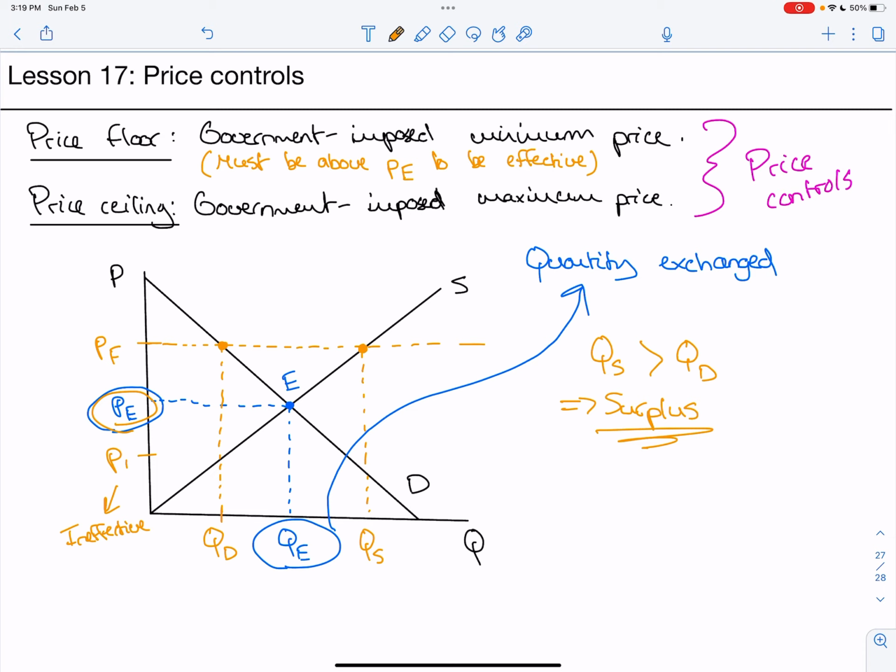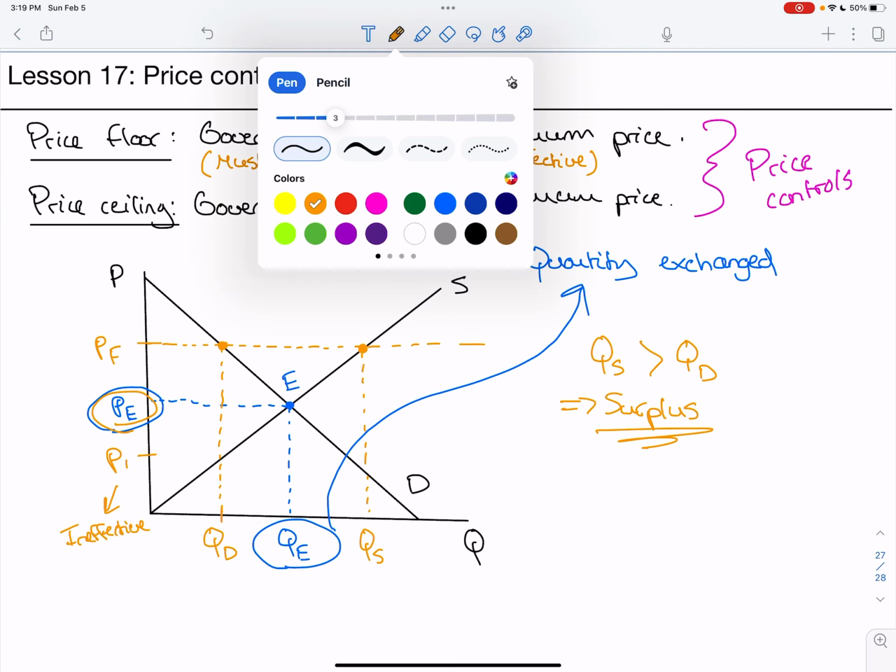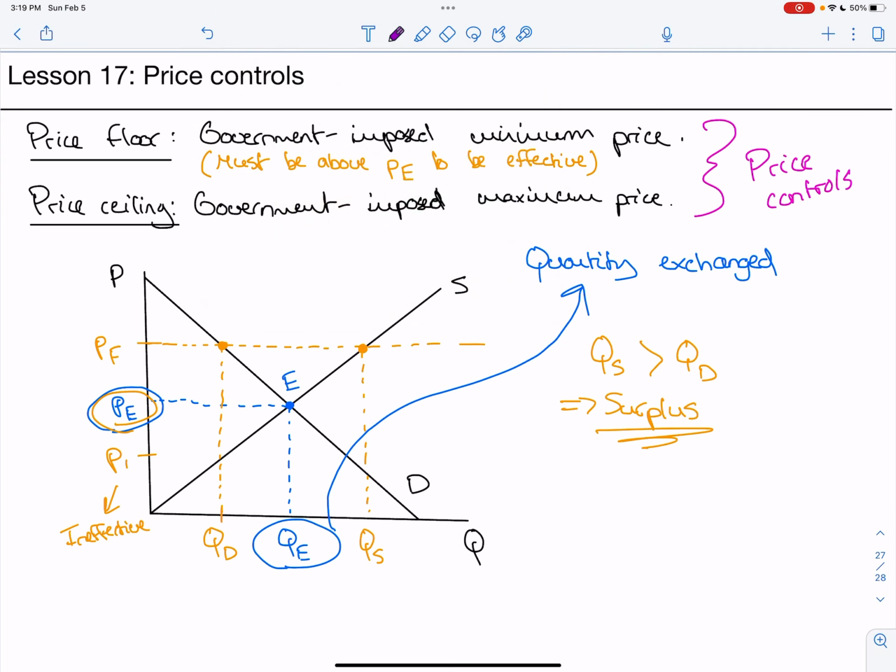Now, what would be the actual quantity exchanged in this market? The quantity exchanged, okay, would be QD. In this case, our quantity exchanged would be QD. Quantity exchanged under the price floor. Okay, why would it be QD? Well, when you look at this graph, you say, okay, firms want to supply QS, but consumers only want to buy QD.